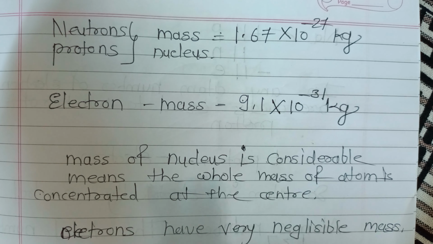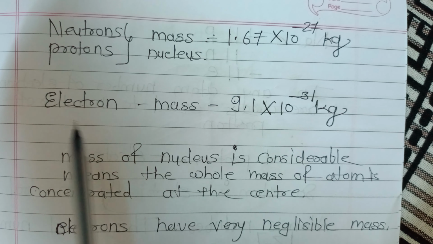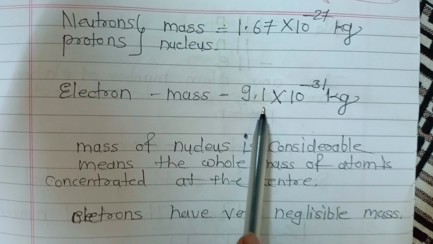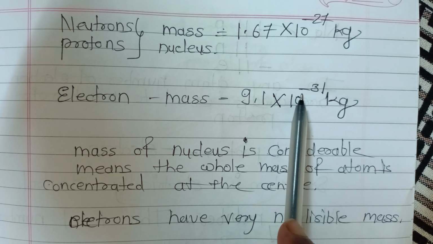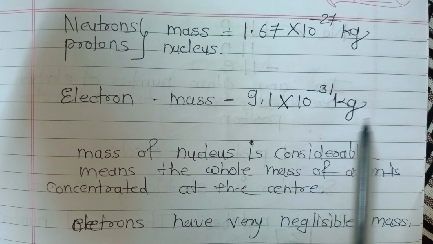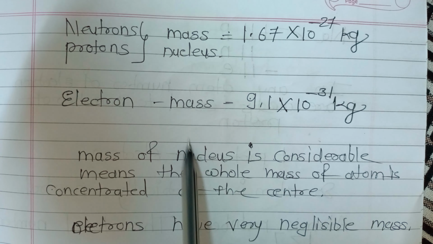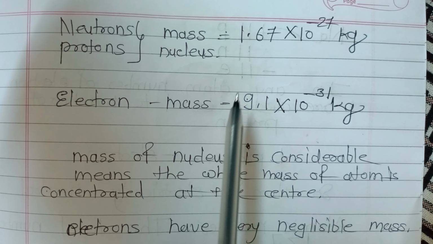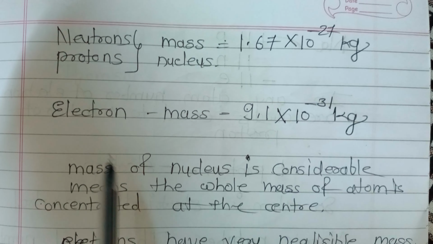The electron is not considered, as its mass is very negligible. The electron has a mass of 9.1 into 10 raised to minus 31 kg, which is really a very small number. I hope you understand the mass of the nucleus is always greater than the mass of the electron.